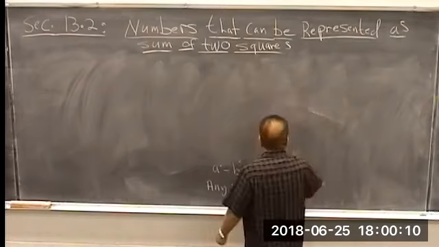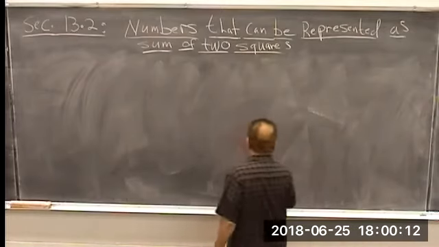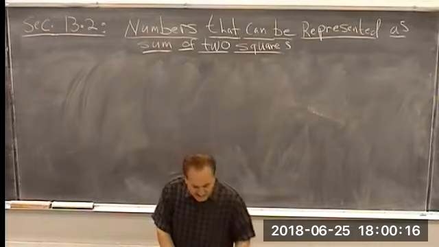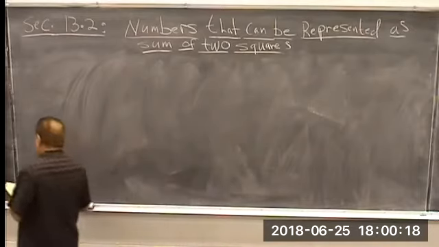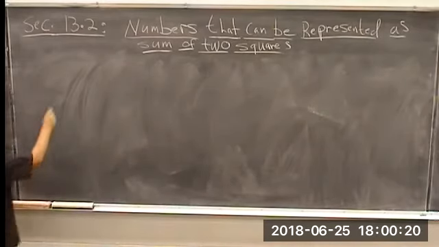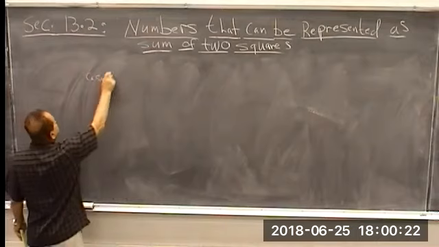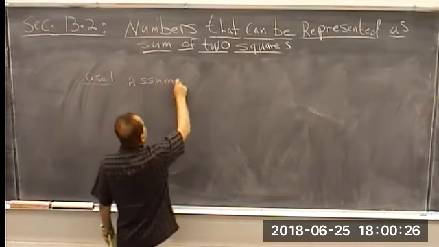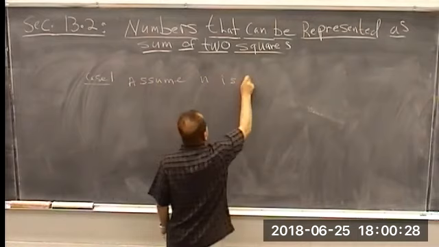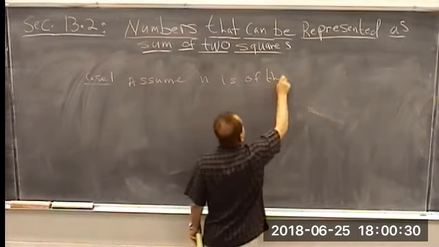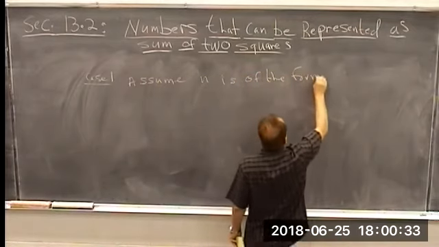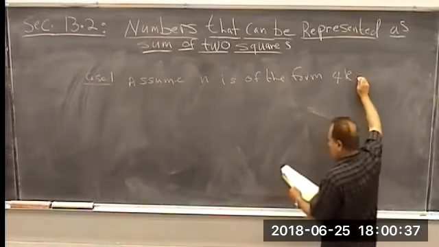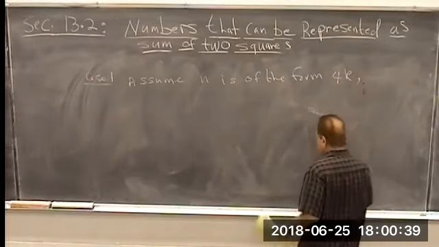And we're going to take these cases, case by case. So case 1, assume n is of the form 4k, okay, n is 4k, all right?